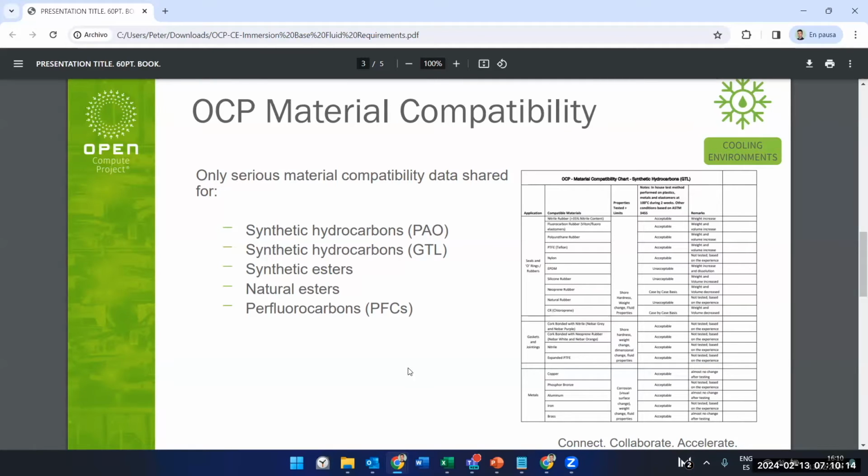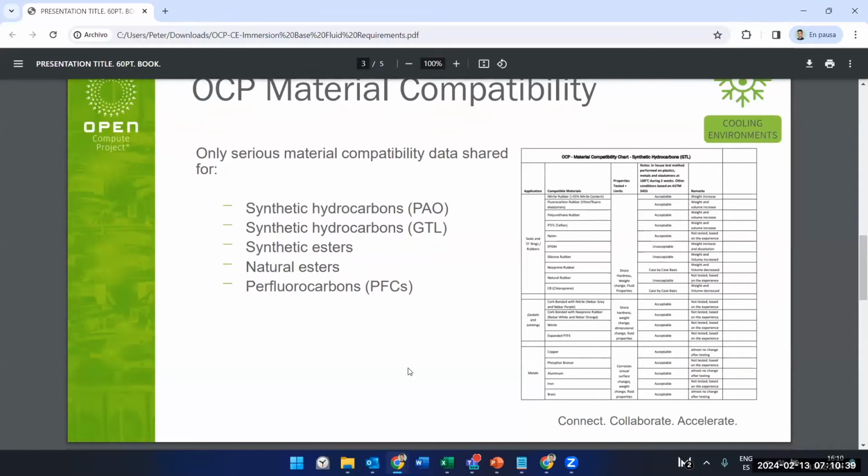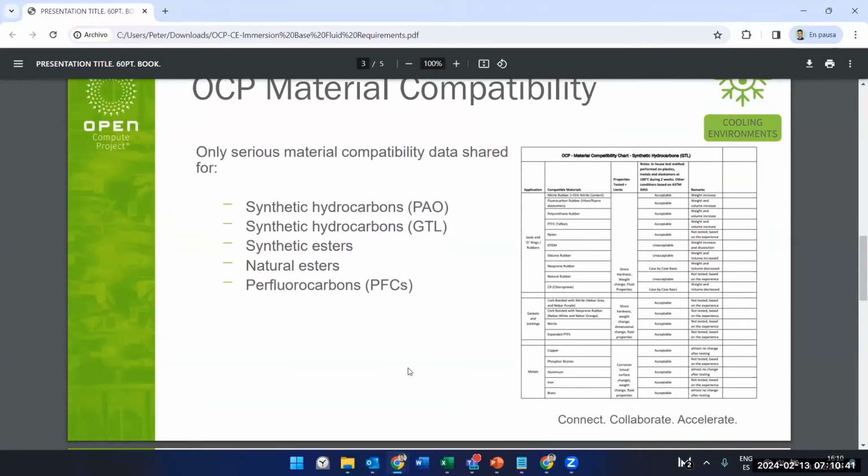There was an open call for submissions of data from the different types of fluids, right? And really the only serious data we received were from these categories: synthetic hydrocarbons, PAO, synthetic hydrocarbon GTL, synthetic esters, natural esters, and PFCs at the time.